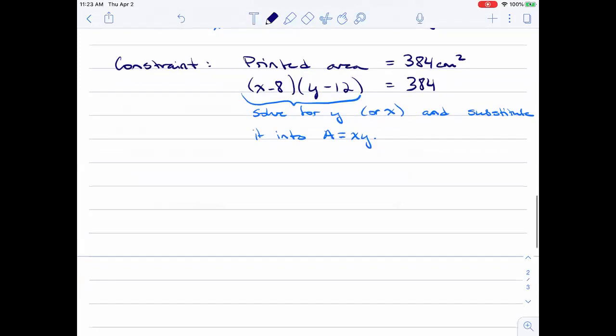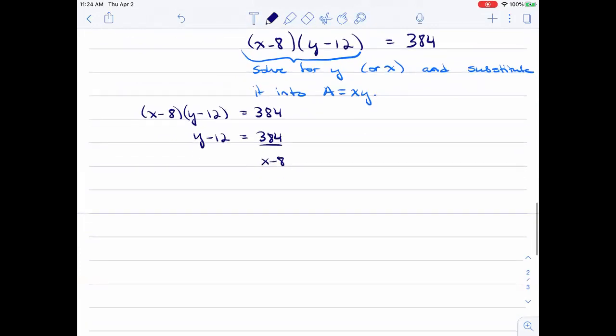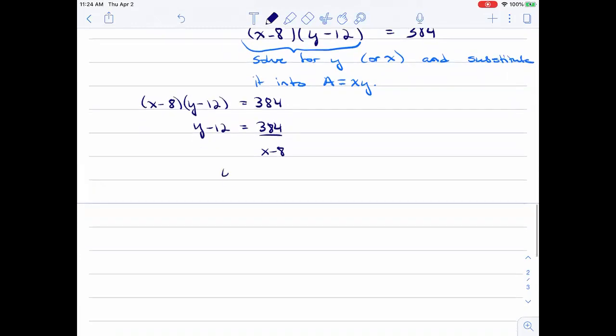So here I've got x minus 8 times y minus 12 must be 384, which means y minus 12 must be 384 over x minus 8. So y must be 384 over x minus 8, plus 12.